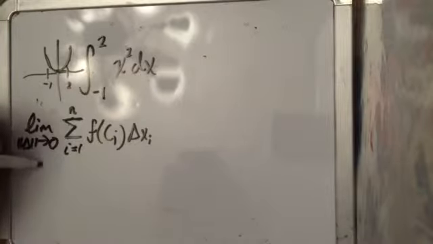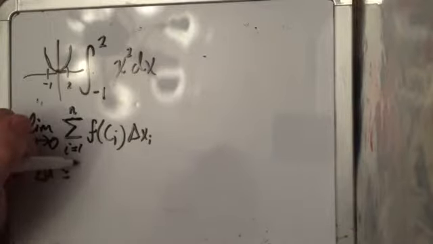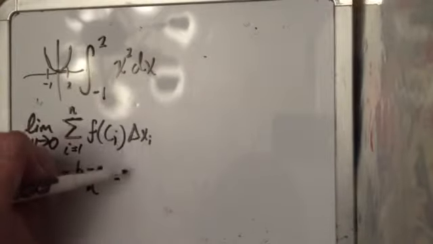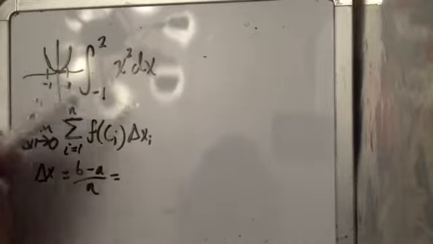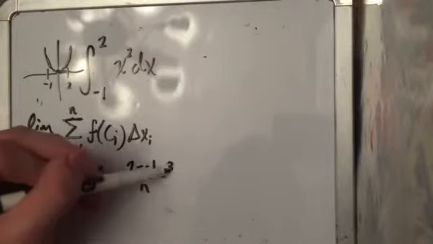So finding the change in x first, before c sub i, change in x equals b minus a over n, which is 2 minus -1 over n, so it's 3 over n.